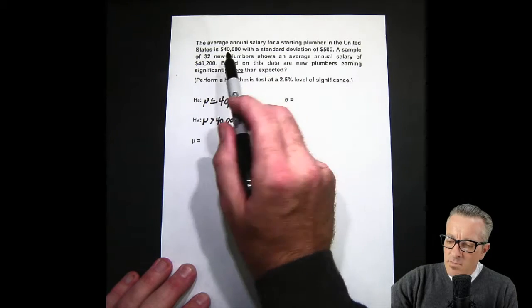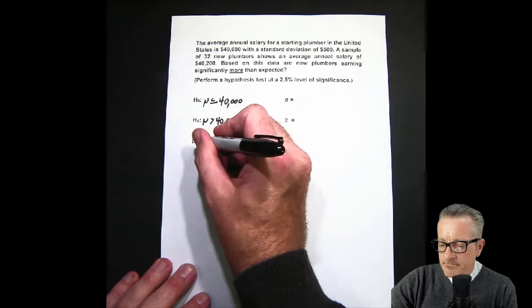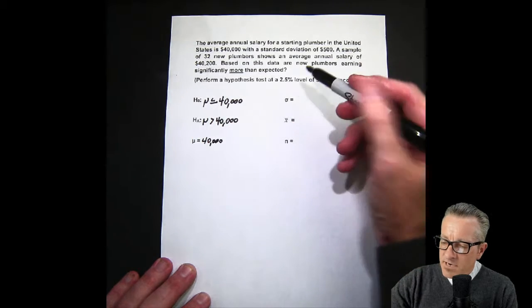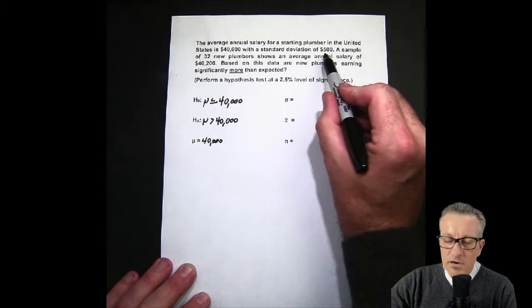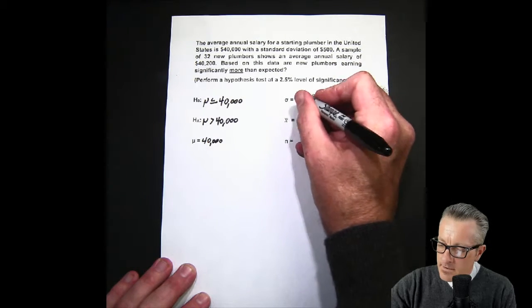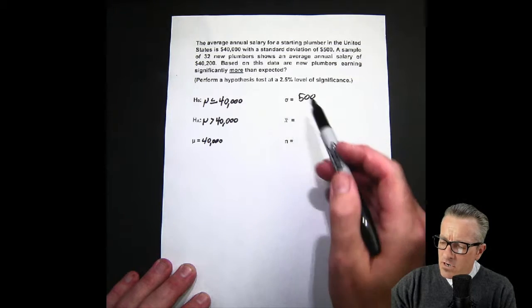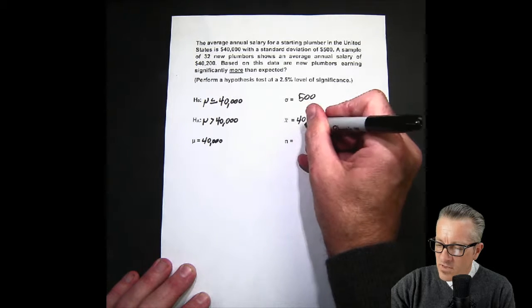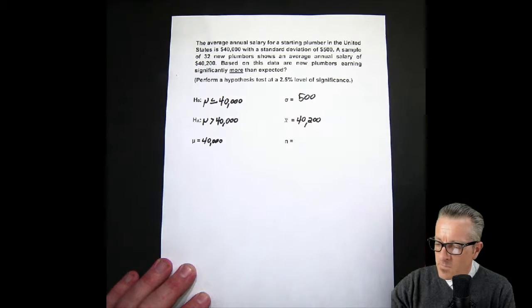Okay, and the population mean is 40,000. And our standard deviation is right here, 500. And our sample mean is 40,200.